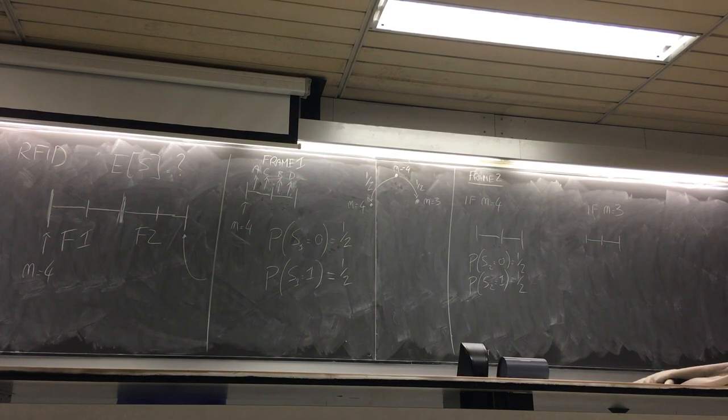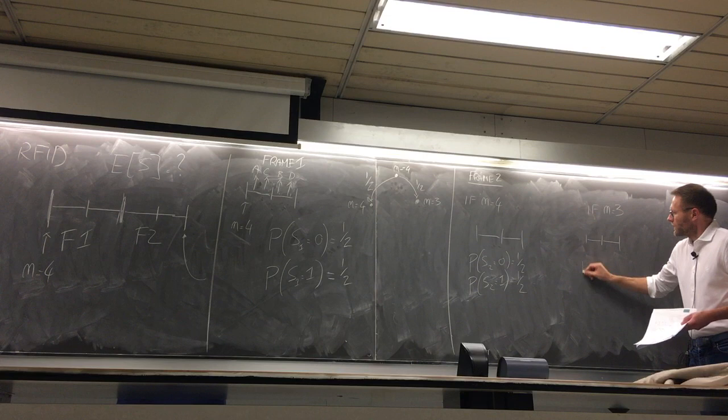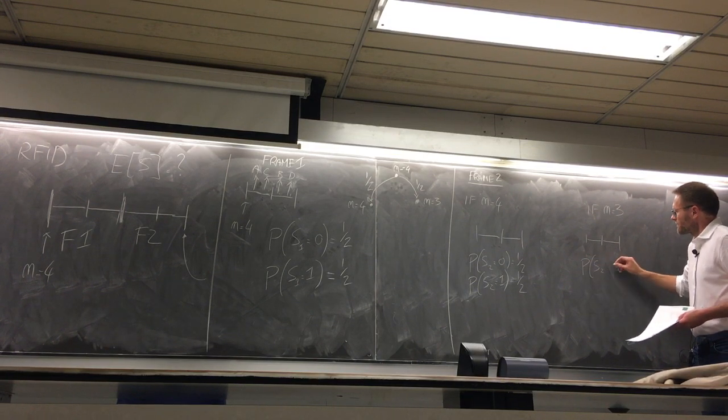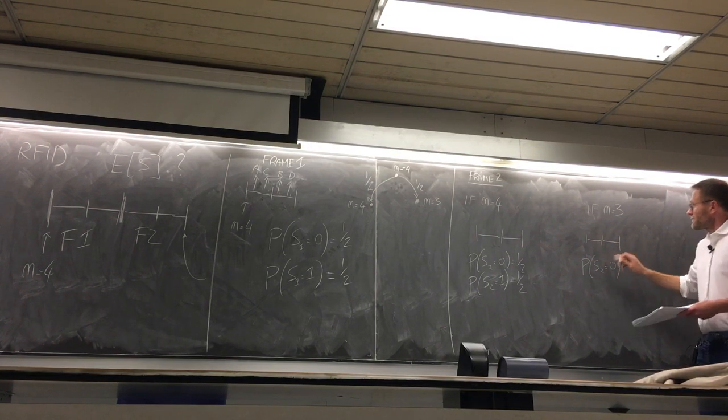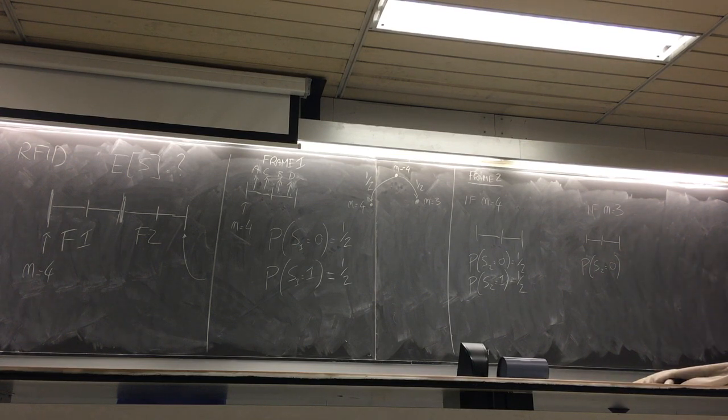Again, how many tags can I possibly solve in this setting at the end of the second frame? 2 slots, 3 tags. Again, 0 or 1. It's impossible that I solve 3 because I don't have enough slots, and it's impossible that I solve 2 because there are 3 tags. So either 0 or 1 tag. Again, what's the probability that after this second frame, under this setting, we have solved 0 tags?